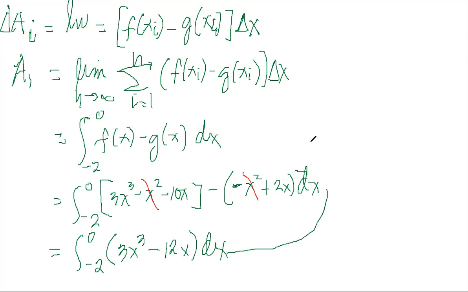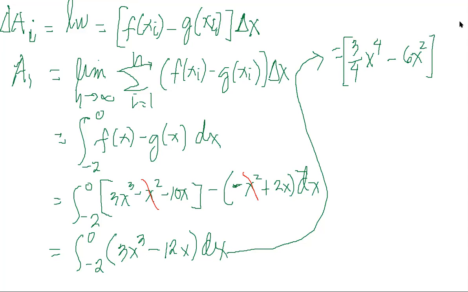Let's take the integral. This becomes 3/4 x raised to 4 minus 6x squared, to be evaluated from -2 to 0.